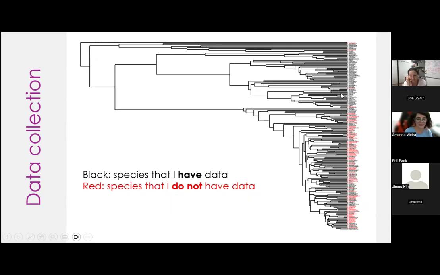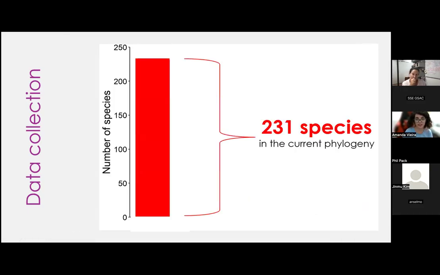This figure is just to show the species that I have data for and those that I don't. I have data for all these species in black, and I do not have data for the species in red. So I need more data for this clade. But so far, there are 231 species in the phylogeny.